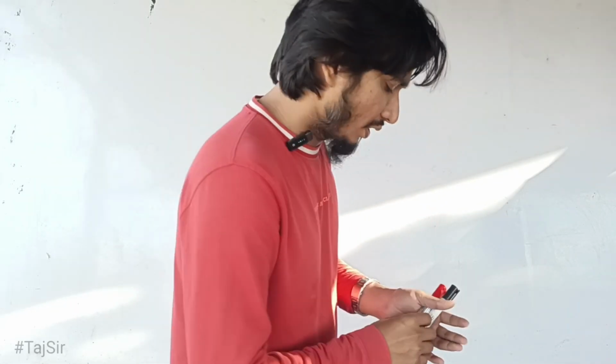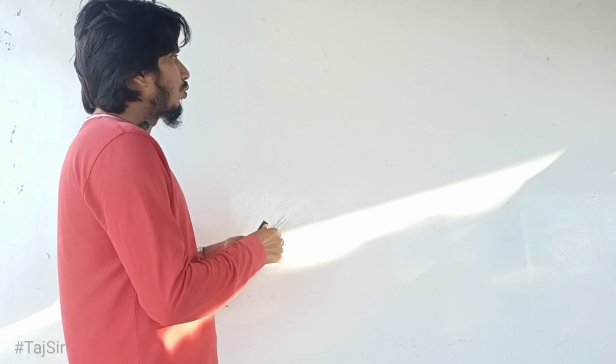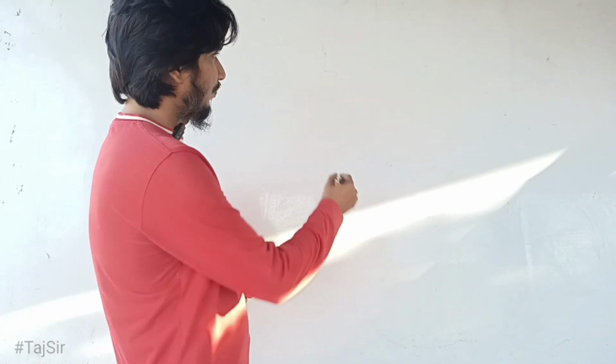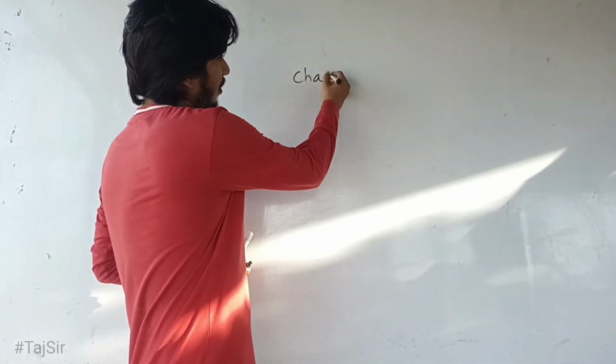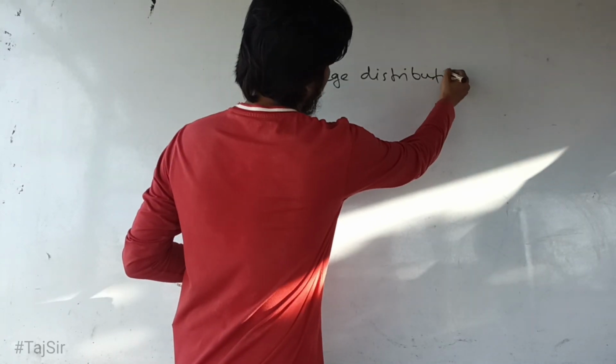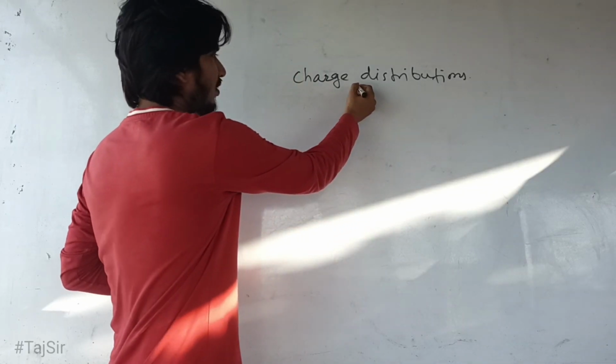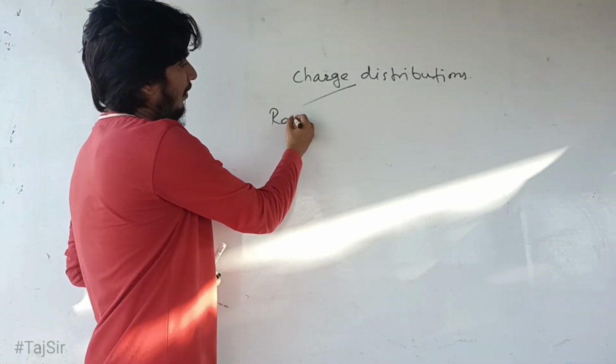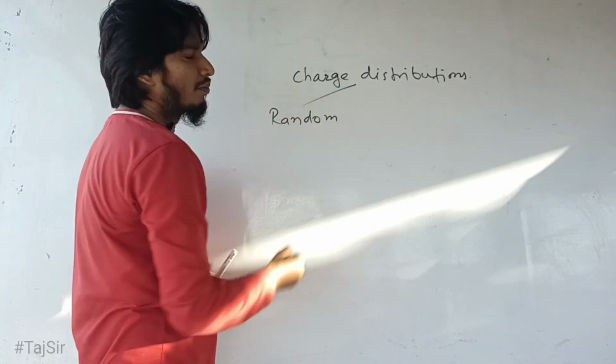But let me explain briefly what are charge distributions. There are two types of charge distributions. One of the charge distributions is random. What does random mean?